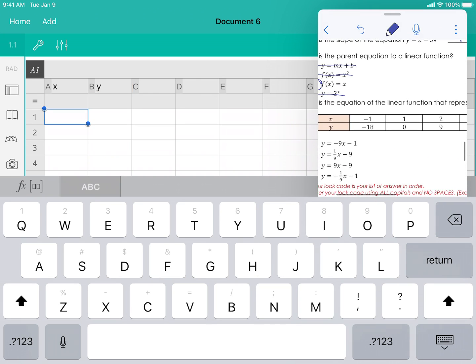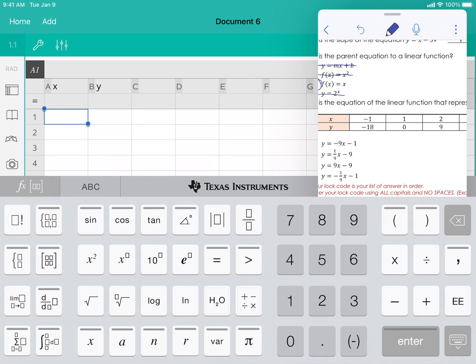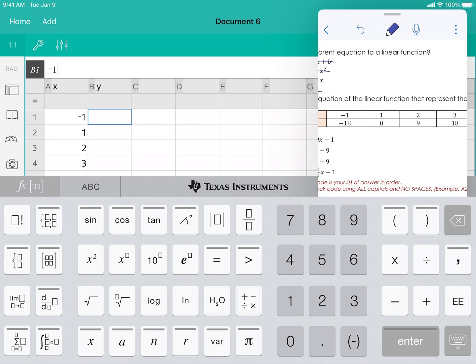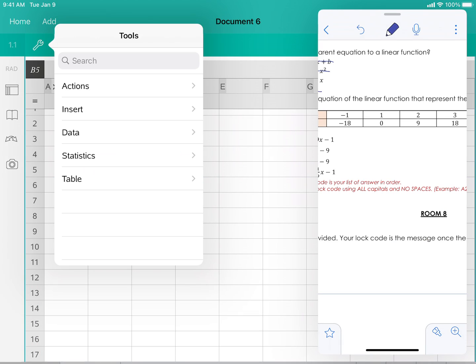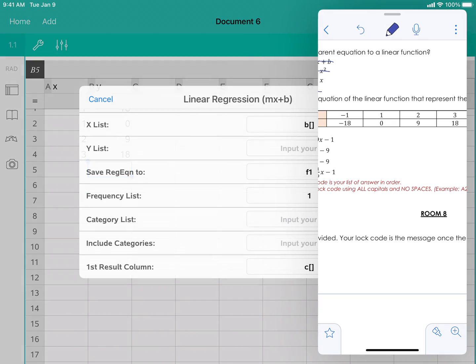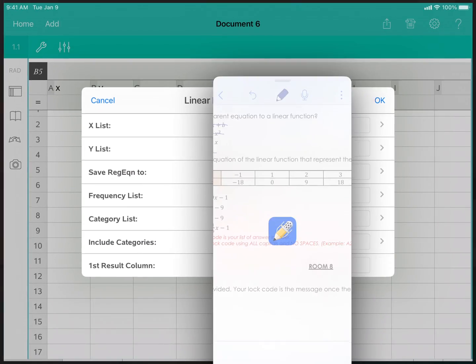So I'm going to make sure I can see it. My X values are -1, 1, 2, and 3. My Y values are -18, 0, 9, and 18. Menu, statistics, stat calculations, linear regression, mx plus b. Next to x list, I'm typing in x.